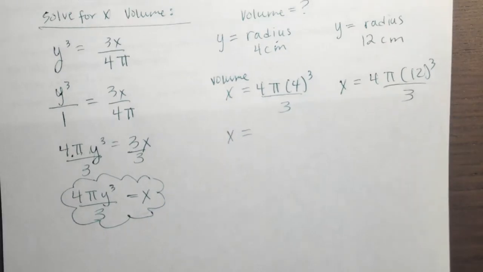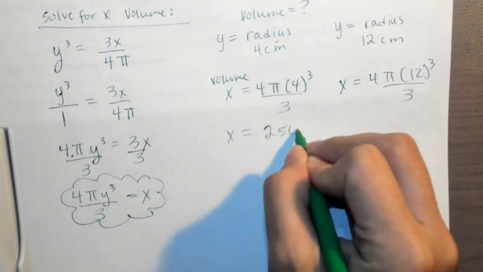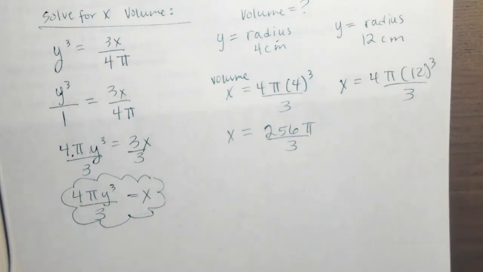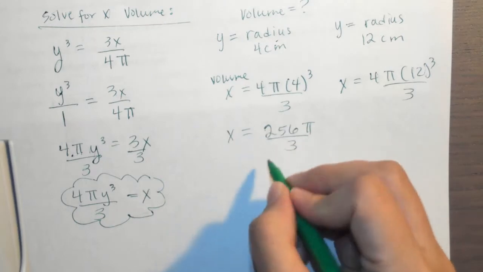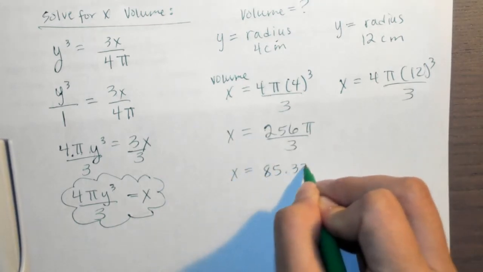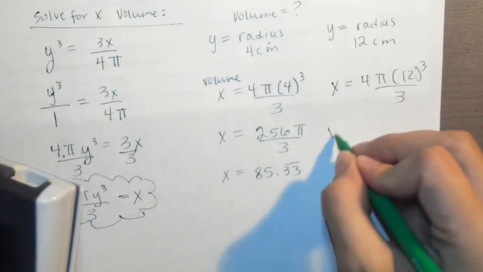Let's see, so 4 cubed times 4 gives me 256 pi over 3, and 256 divided by 3 is around, if I plug in my calculator, 85.33 repeating. So then here, let me go ahead and solve this guy.